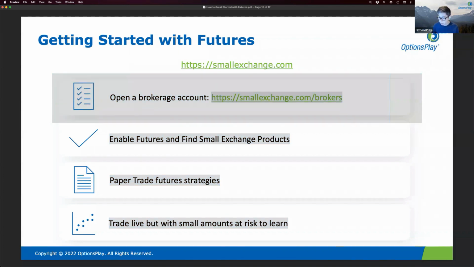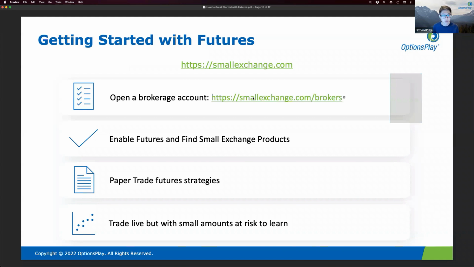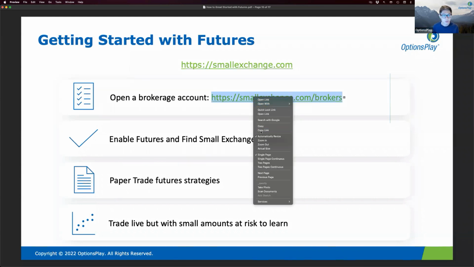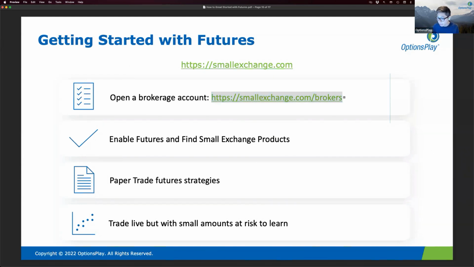But IBKR and Tastyworks are the two where you can trade equities and small futures in one account. The important thing to remember is not only do you need to have a Tasty or IBKR account, you also have to enable futures in those accounts and find those small exchange products within your brokerage firm.